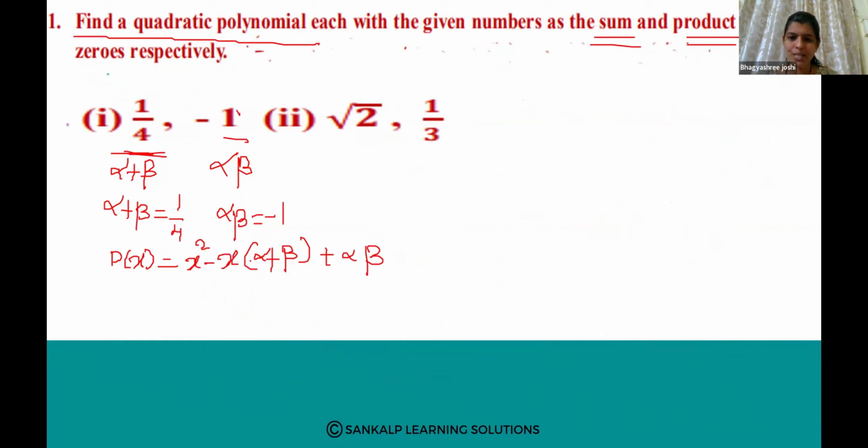So, substitute these two values into this expression. X square minus x into alpha plus beta value 1 divided by 4. Alpha into beta value is minus 1, minus 1. Okay. Next step.